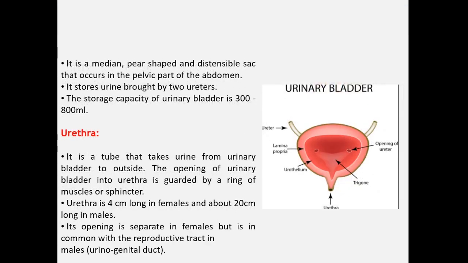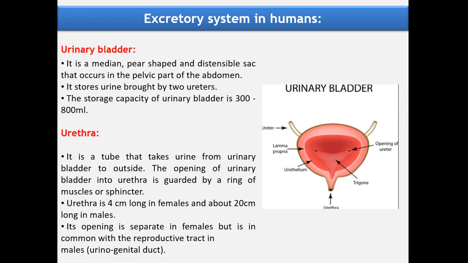And now coming to the next part, that is the urinary bladder. It is a median, pear-shaped and distensible sac that occurs in the pelvic part of the abdomen.